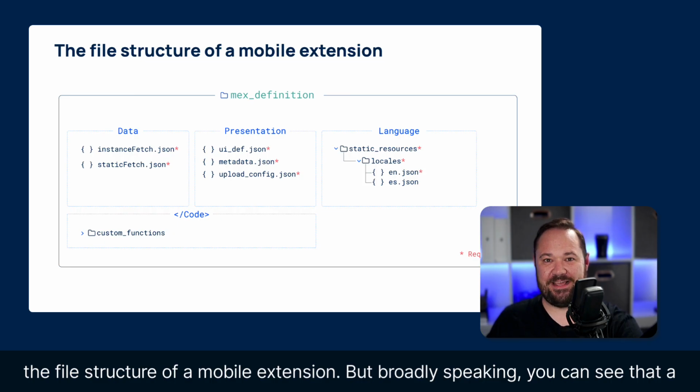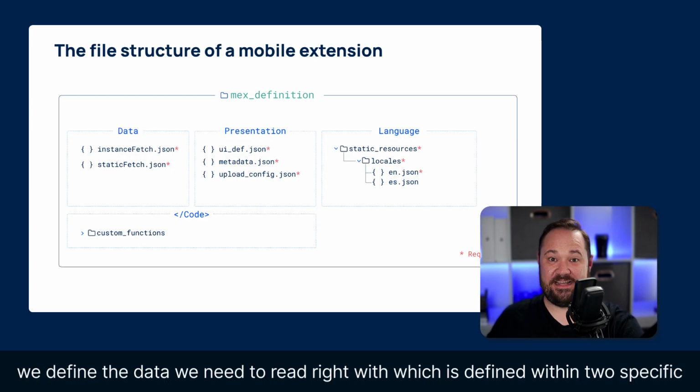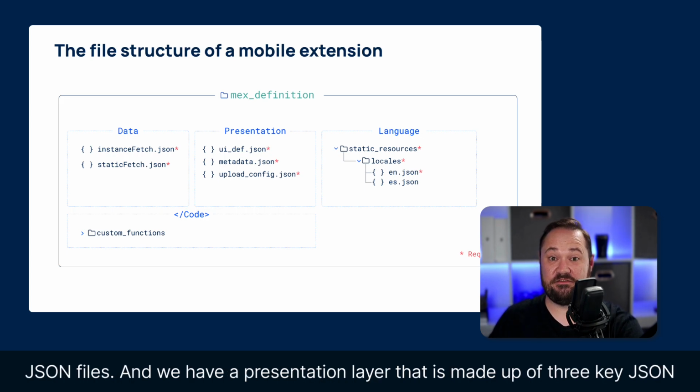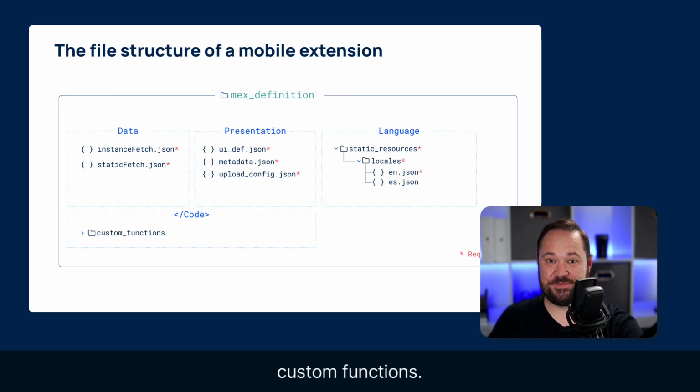So broadly speaking, you can see that a mobile extension can be thought about in 4 layers. You have the data layer, where we define the data we need to read and write with, which is defined within 2 specific JSON files. Then we have a presentation layer that is made up of 3 key JSON files, a language layer that contains one or many language definitions, and finally custom functions.